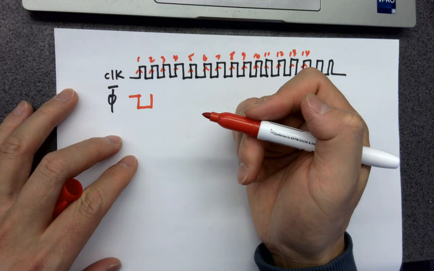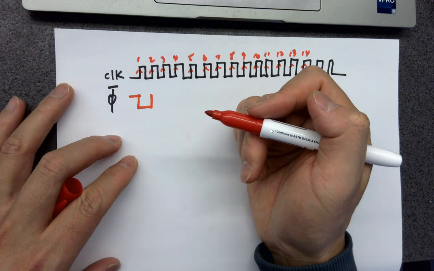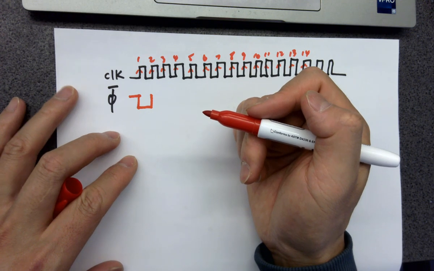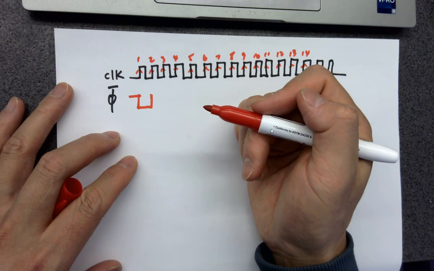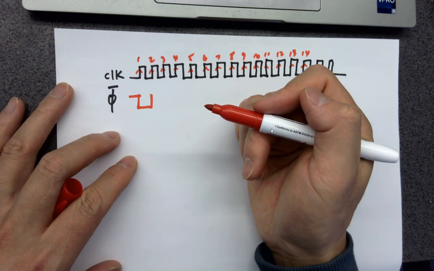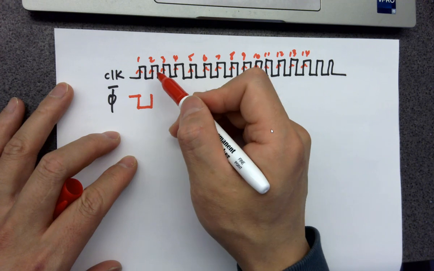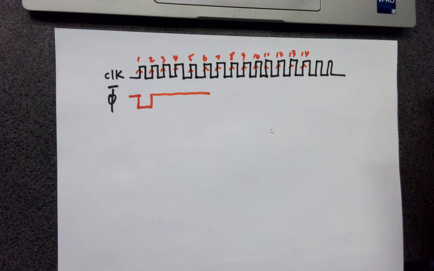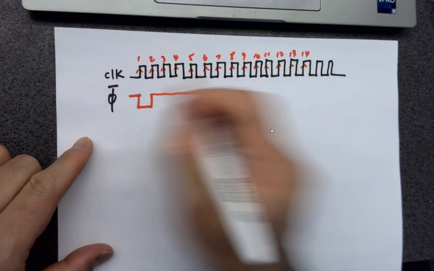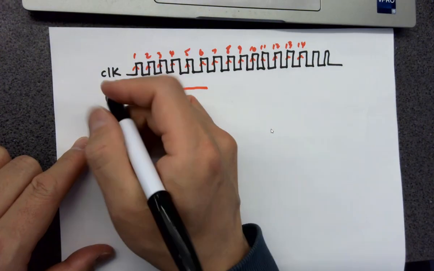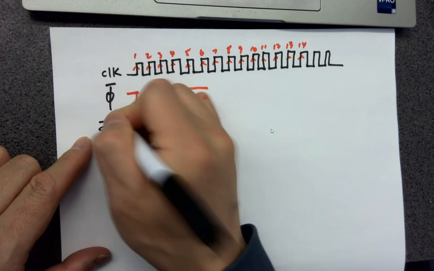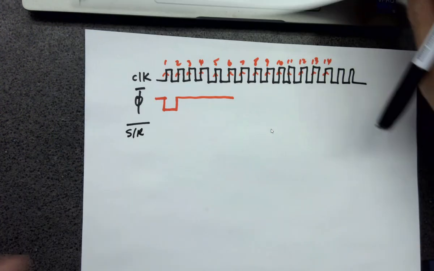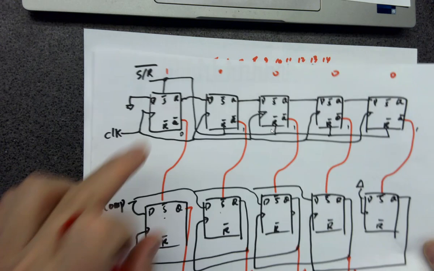Similar to what embedded people learn from Verilog, it's always at the rising edge. The rising edge is going to update everything. Okay, do this first. And then the SAR, set and reset clock, which is this guy here.